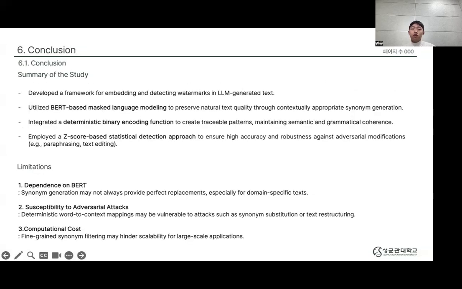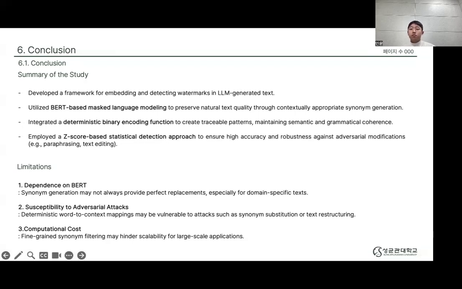In conclusion, this study introduces a robust framework for embedding and detecting watermarks in LLM-generated text, balancing natural text quality, robustness, and detection accuracy. Using BERT-based masked language modeling, we ensure contextually appropriate synonym replacement while maintaining grammatical coherence.